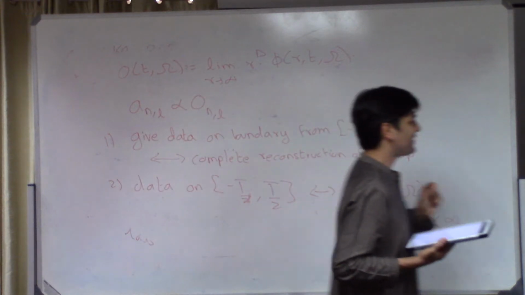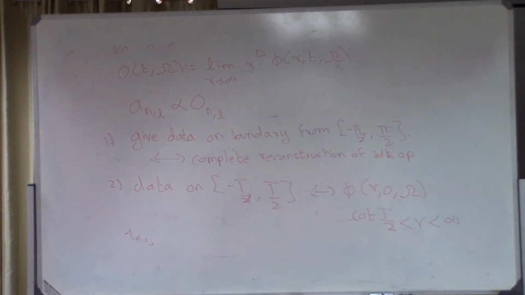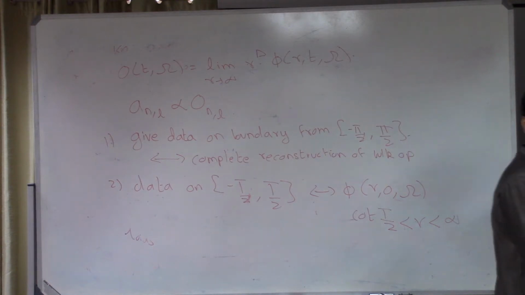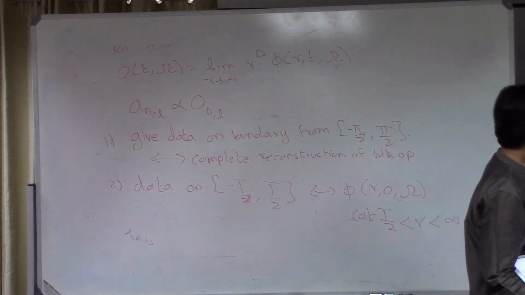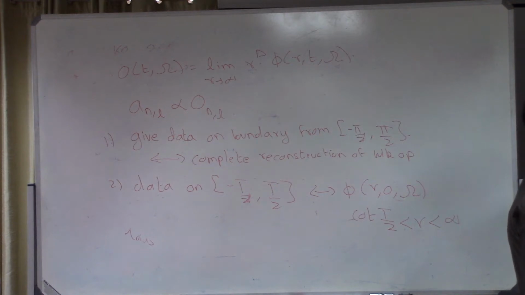Okay. Now why is this a problem that's worth considering, and why is this related to black holes? The reason this is related to black holes is that by artificially restricting the observer to this band in the boundary of finite thickness, we've basically stopped the observer on the boundary from being able to look past this horizon.